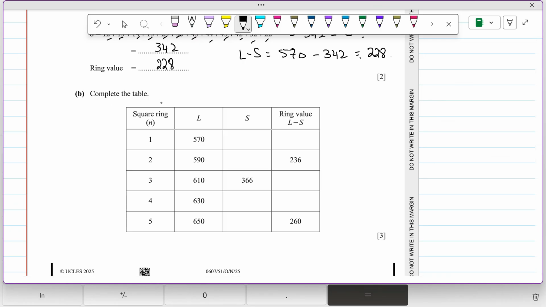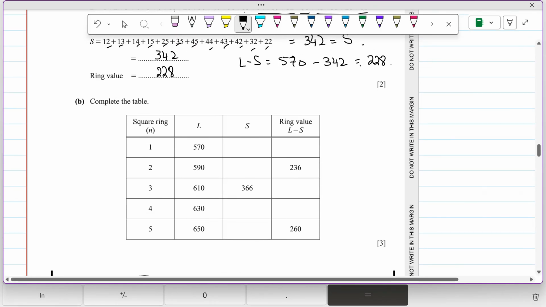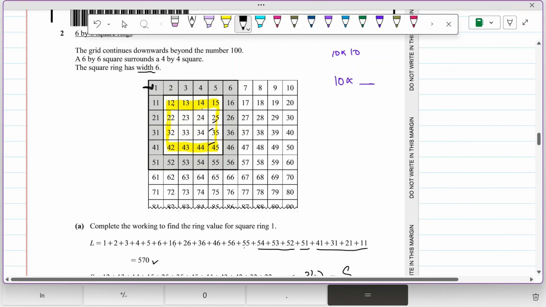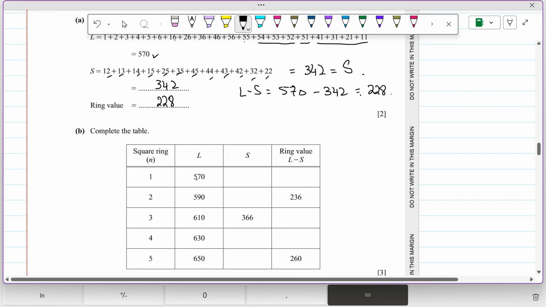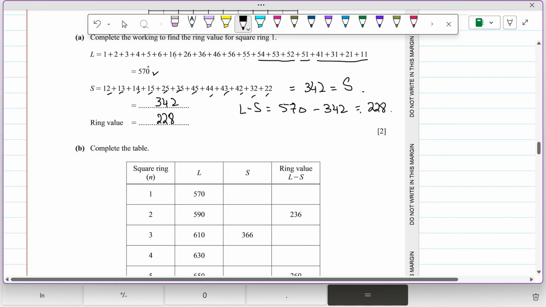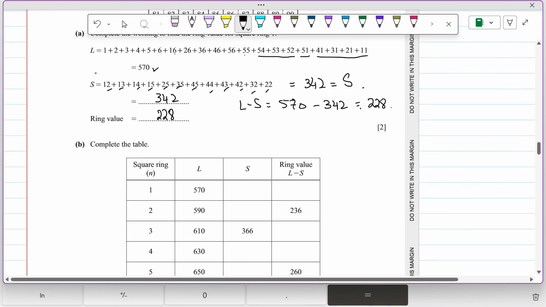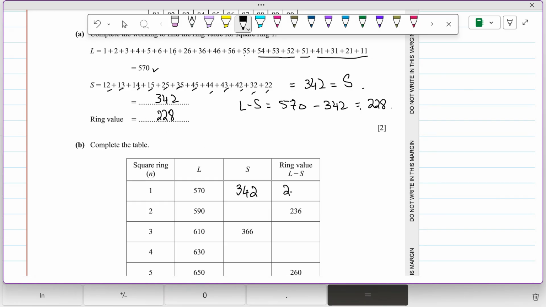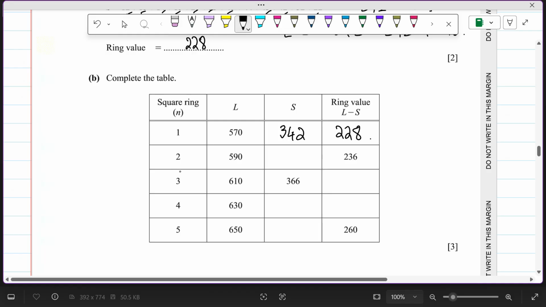Now complete the table. We just calculated square ring 1 for the 6 by 6. The top left corner is 1, so n is equal to 1, for which we get the L value, which is 570, and we just calculated S, which is 342, and the difference was 228. For n equal to 2, we have L, which is 590.